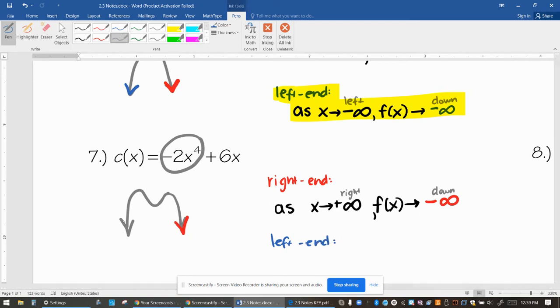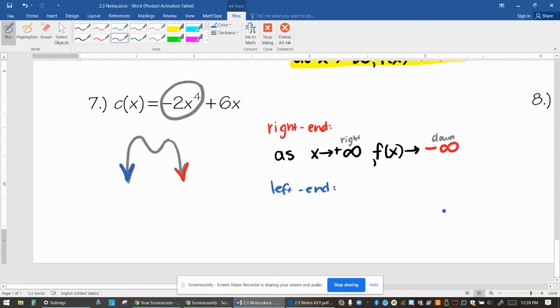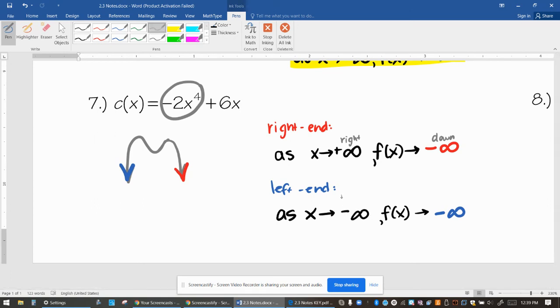So that means that both the left end and the right end are doing the same thing. So if my y values were falling on the right, then they should also be falling on the left. The only thing that changes is the beginning part, because now you have to tell them that as you move to the left on the x-axis, the y values go down. So look at the arrow.